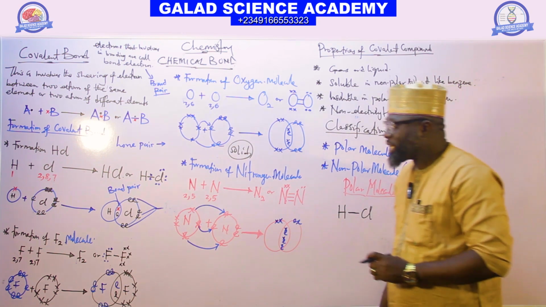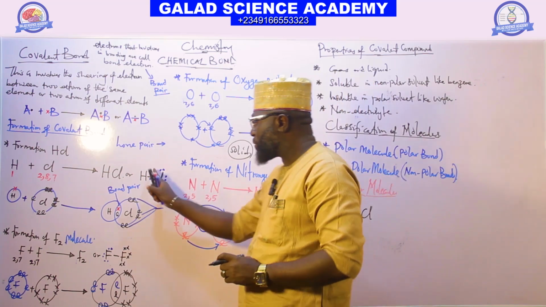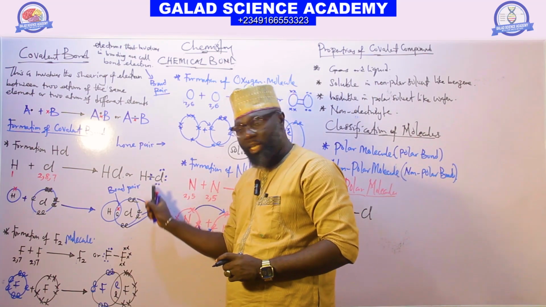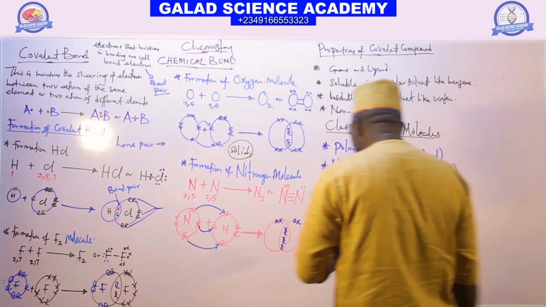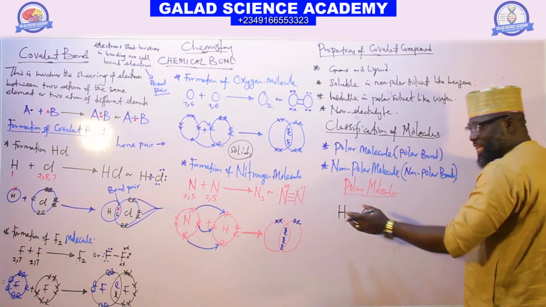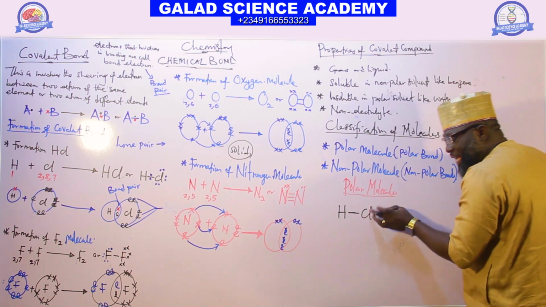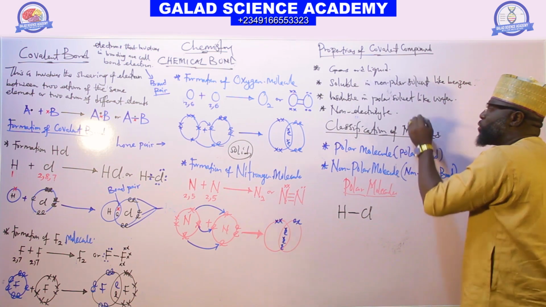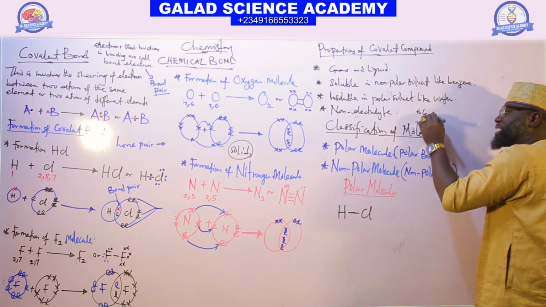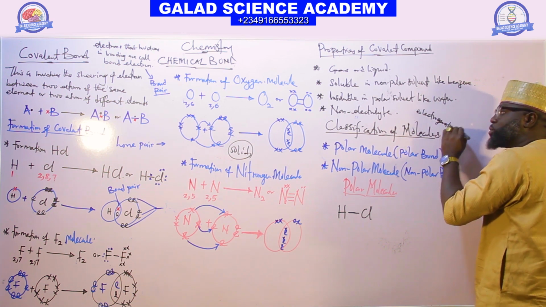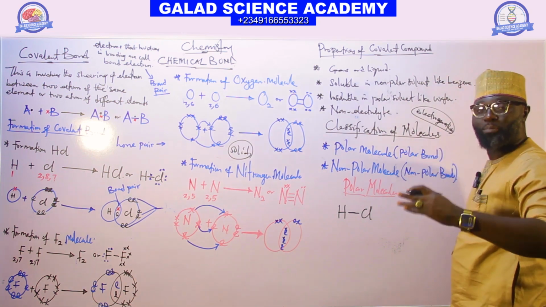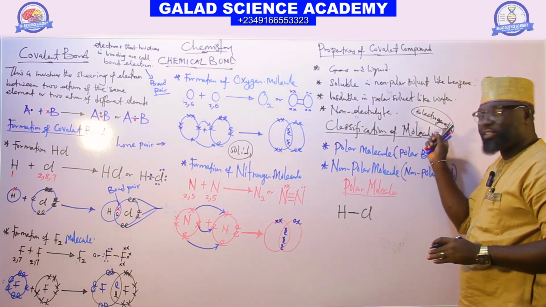I said before that the bond electrons can be found in between the two elements. Please, you need to go and check your periodic table. Check my videos under periodicity and electronegativity.